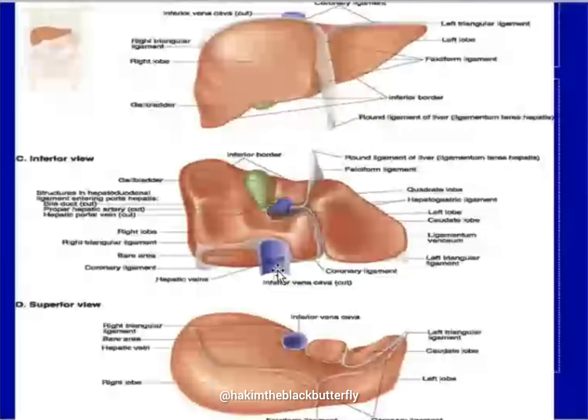So this is what we call the bare area of the liver. On the superior aspect of the liver, where peritoneum is peeling off to form the coronary ligaments, it leaves this area bare without the peritoneum or outer serous layer, and it's only covered by Glisson's capsule, and that's what we call the bare area of the liver.